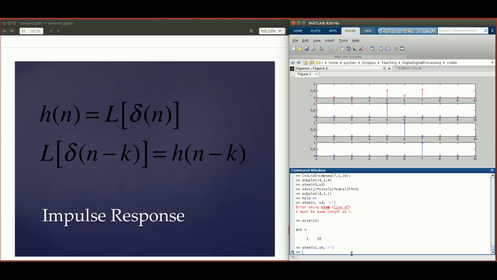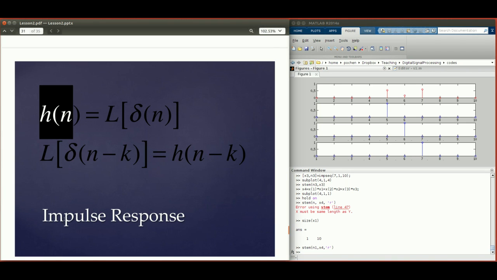It has several different names, but essentially they mean the same thing. If you put a delta pulse that's centered at zero into the system, the output of that system is going to be called either an impulse response, a Green's function, or a transfer function, right?